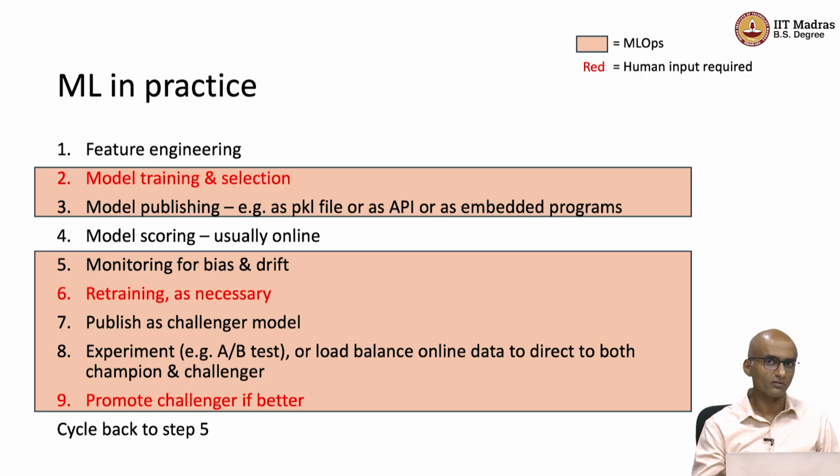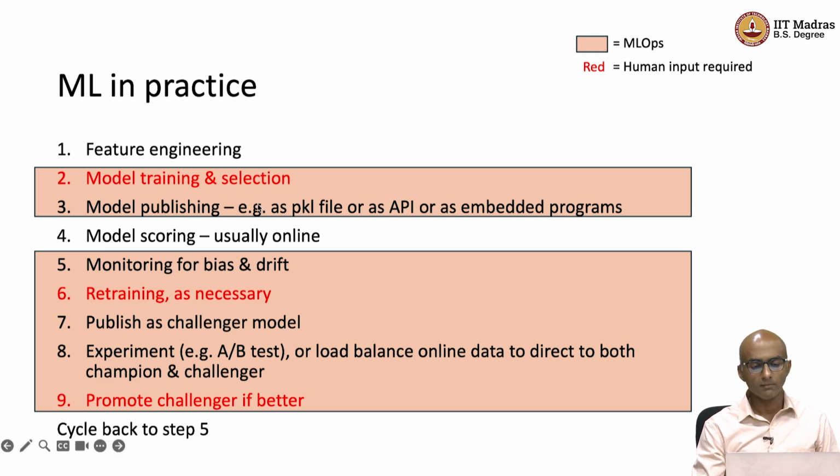It's not to say that human inputs are not necessary for the other steps, but if you have a sufficient level of automation and if the problem statement is not dauntingly complex, you could do automation for the other steps like model publishing, monitoring, etc. So if you look back at the course itself, we spent a lot of time understanding these steps in the colored box, the tools associated with them, the extent of automation that's possible, and then tied it back to the entire model development lifecycle. So I hope that's the essence of what you've got from this course.